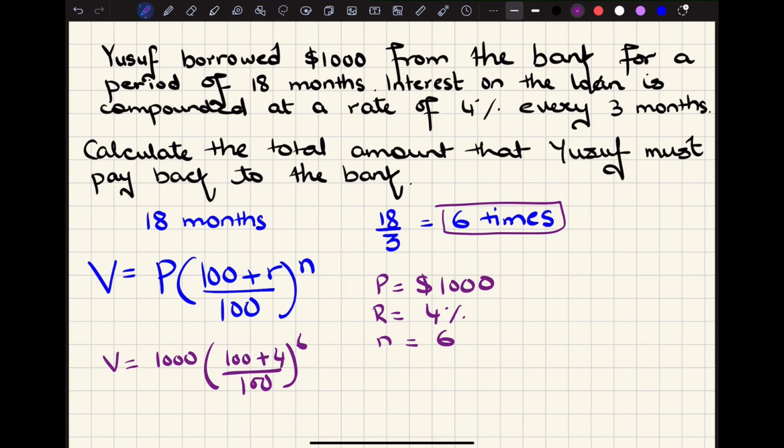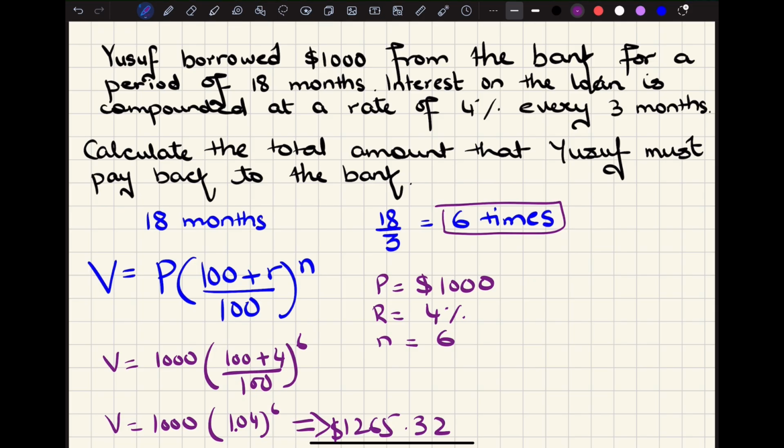So final would be 1000 into 104 divided by 100, which would be 1.04, to the power 6. And the answer that we get is $1265.32. Okay, so Yusuf is going to return $1,265.32 to the bank for a loan that was initially a loan of $1,000.